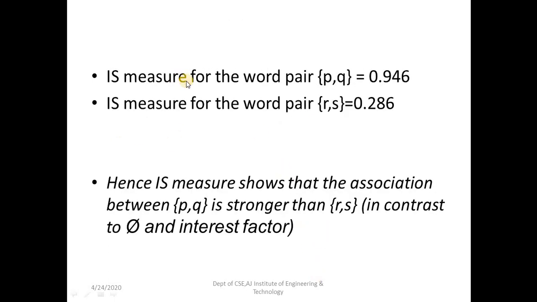The IS measure for the word pair p, q is given by 0.946.